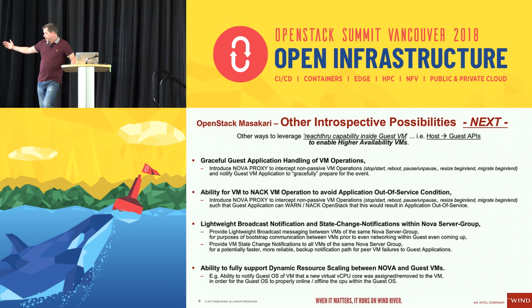And then finally, another use case would be some things that the platform might try to do, an example being vCPU resource scaling. There are scenarios where the platform can't do it completely on its own. It needs some interaction with the guest OS. Dynamic vCPU scaling is an example of that. Even though OpenStack or Nova would assign or remove a vCPU from the VM, to make it work correctly, the VM guest OS needs to be notified of that event and properly offline or online the vCPU.